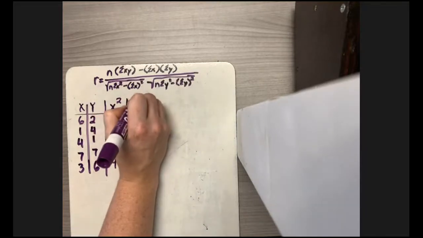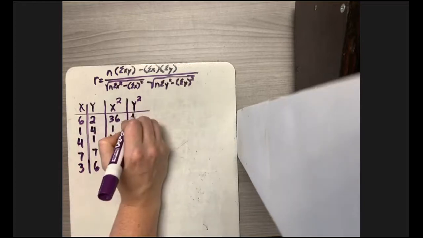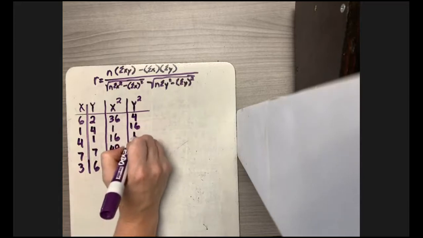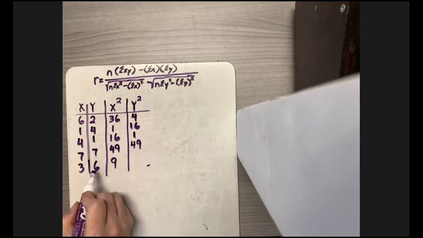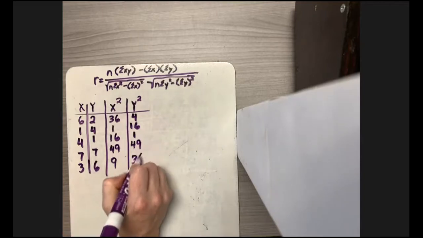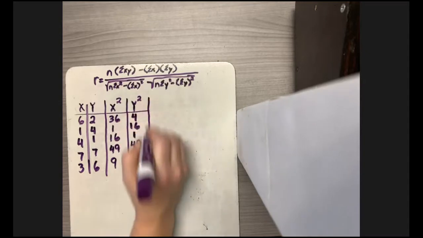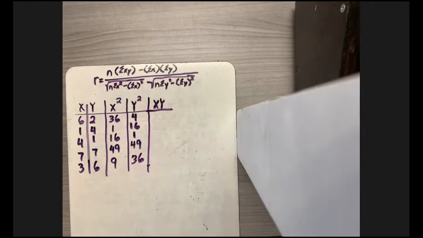I'm going to need a Y squared column. So 2 squared is 4, 4 squared is 16, 1 squared is 1, 7 squared is 49, and 6 squared is 36. And then I'm also going to need an XY column where I'm multiplying them together.